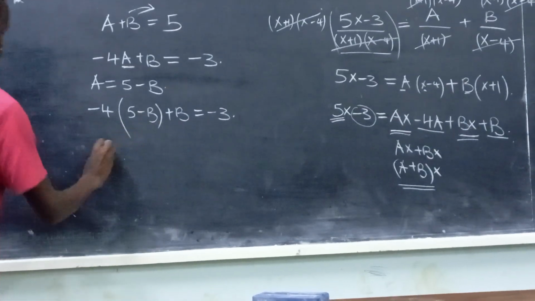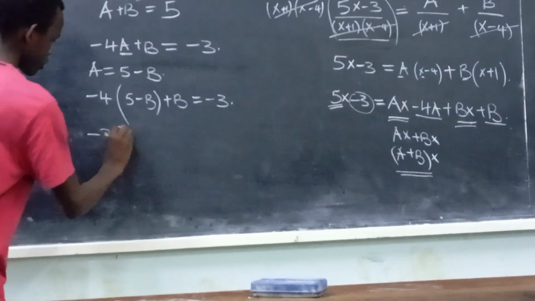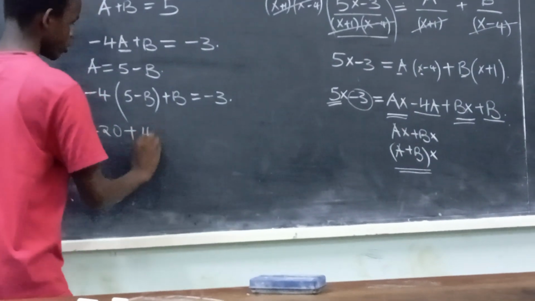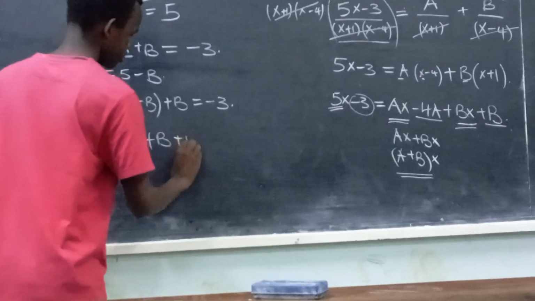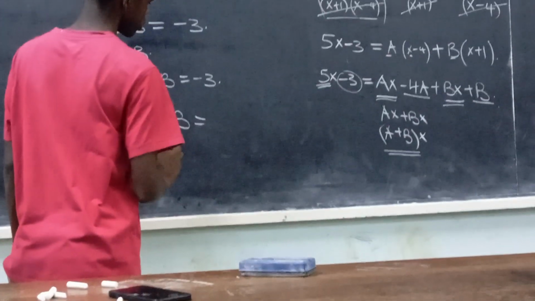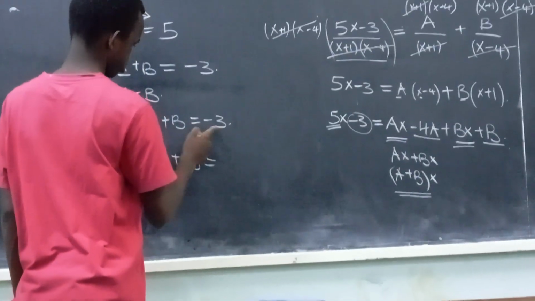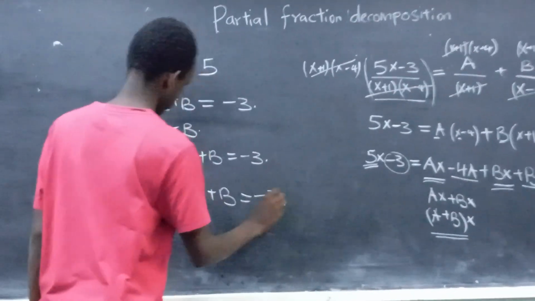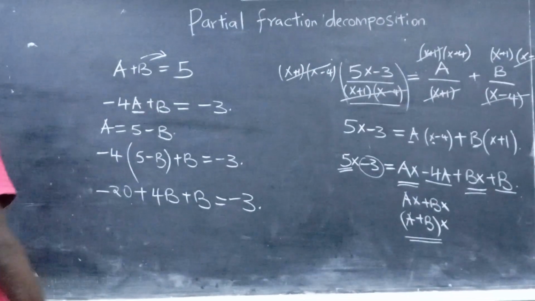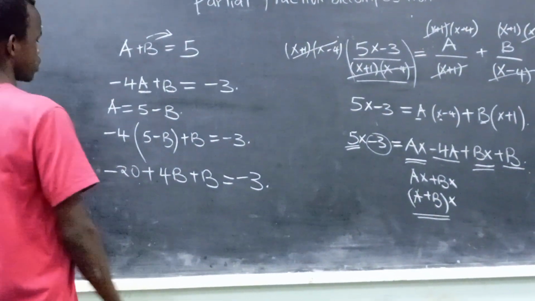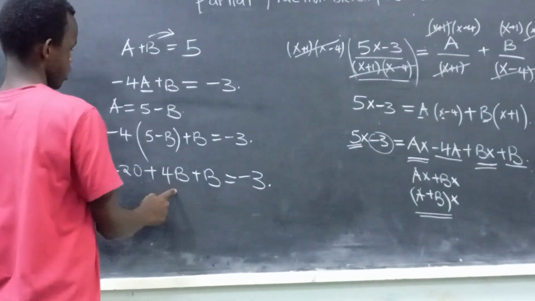Okay, so I'll just open the bracket and get minus 20 plus 4b plus b equals negative 3. Okay? So what's my 4b plus this?